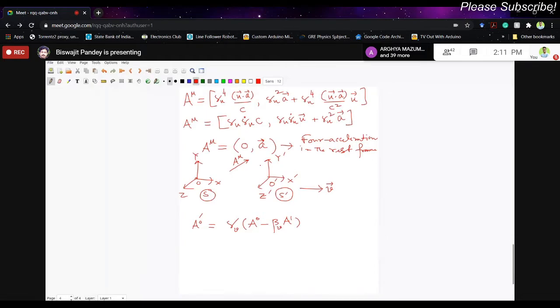Gamma u is the Lorentz factor corresponding to the velocity of the particle. And similarly, A1 prime will be gamma v times A1 minus beta v A0, and A2 prime will be A2, A3 prime will be A3, right?